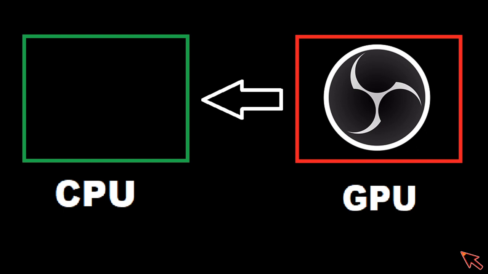Now, if you were to run some kind of game on the GPU and run OBS on the GPU, then you would get the output of the video game to show up in OBS. However, most of us are trying to show the desktop or whatever is showing through the display or on the monitor.